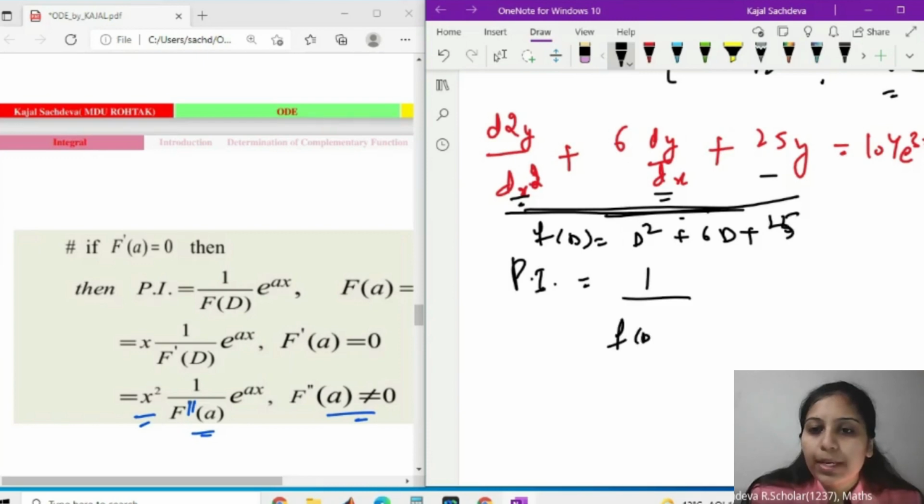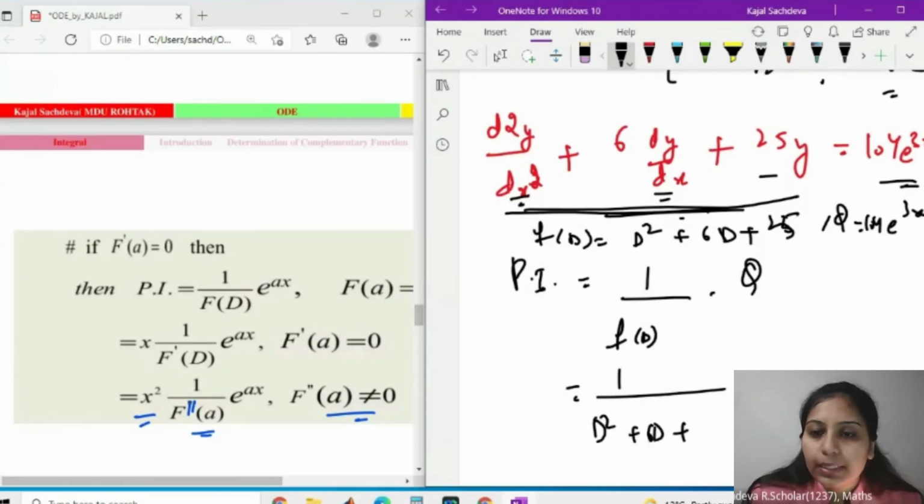The formula for PI is 1/f(D) times Q. Here Q is 104 e^(3x). This is of the form e raised to power ax, so we just replace D by 3, where a is 3.